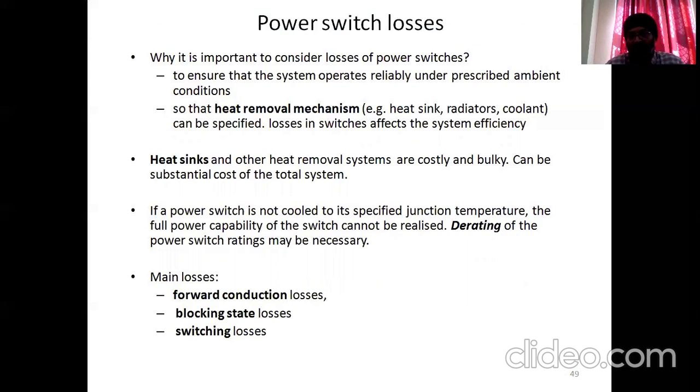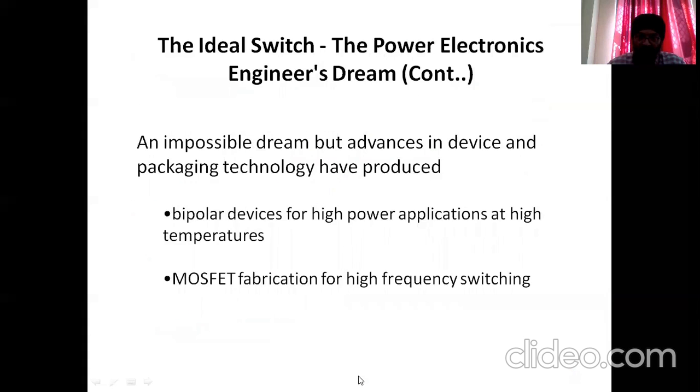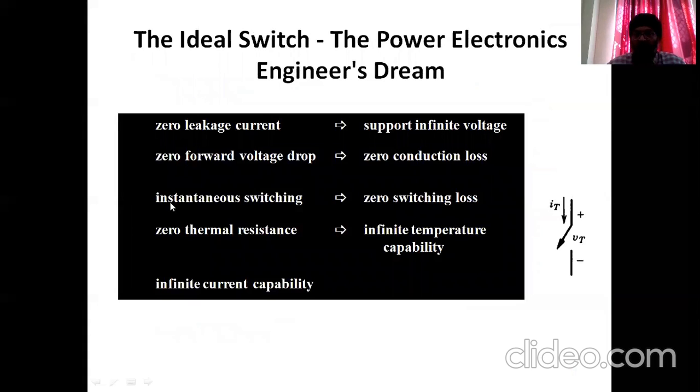One is the power switch loss. Due to this power switch loss, the particular switch can vary all these parameters. So due to these, the practical switch can be different or can vary compared to the ideal one.